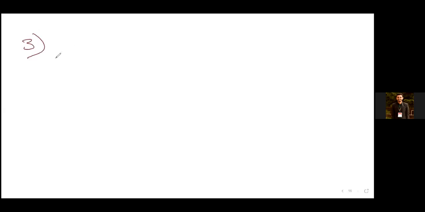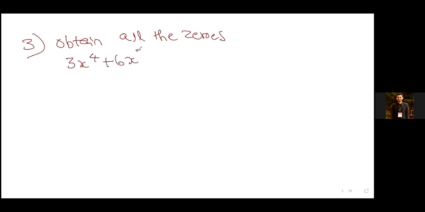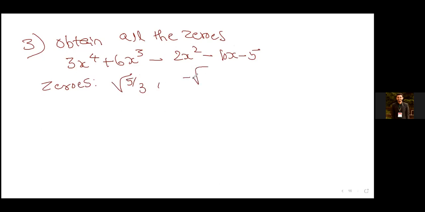And the third main: obtain all the zeros of the given polynomial, that is 3x to the power 4 plus 6x cube minus 2x square minus 10x minus 5. The given zeros are square root of 5 by 3 and minus square root of 5 upon 3.